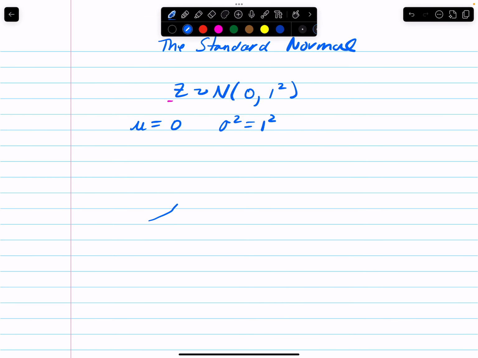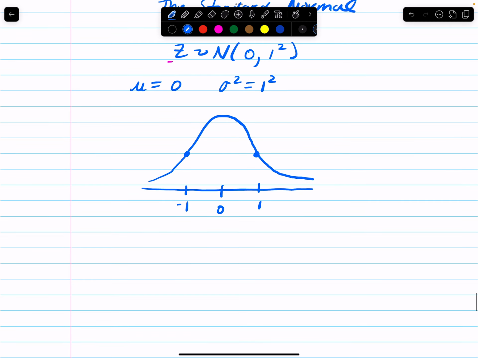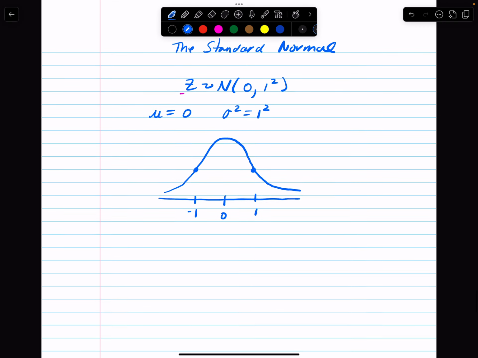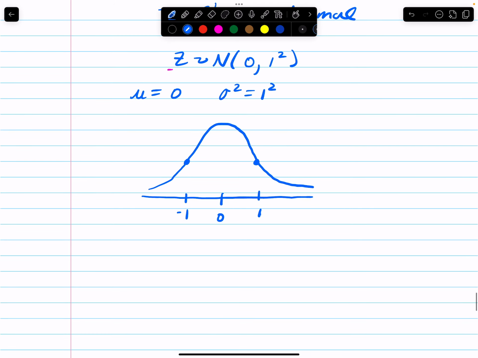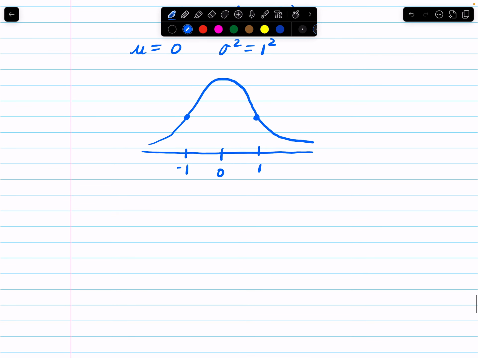The graph of the standard normal looks like a bell curve centered at its mean, which is 0, and it changes concavity 1 standard deviation above and below 0. This one is one that we will return to often.